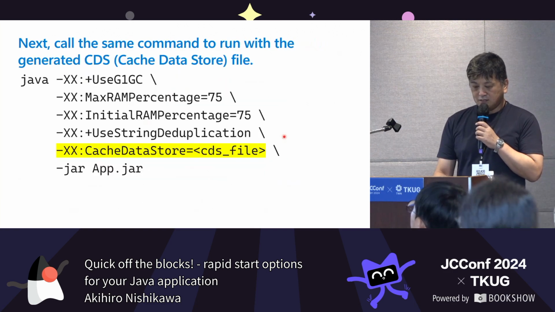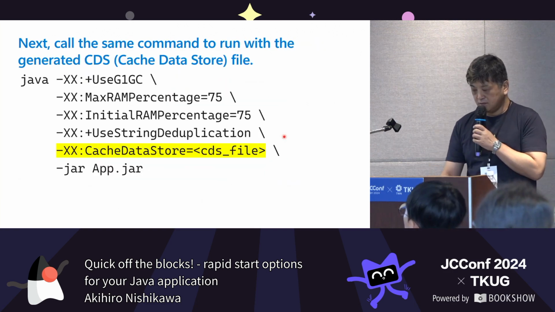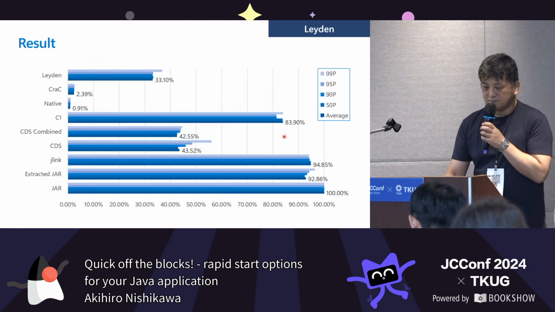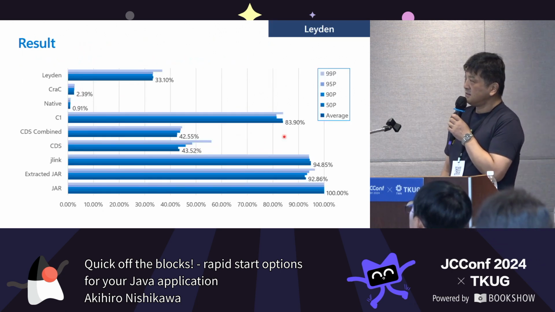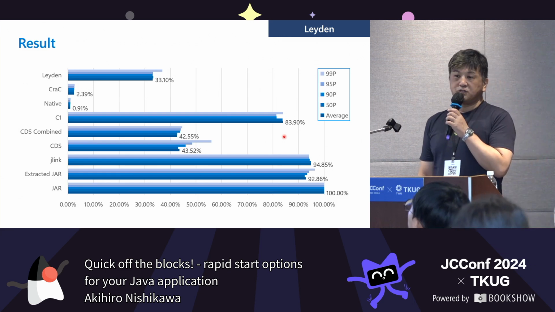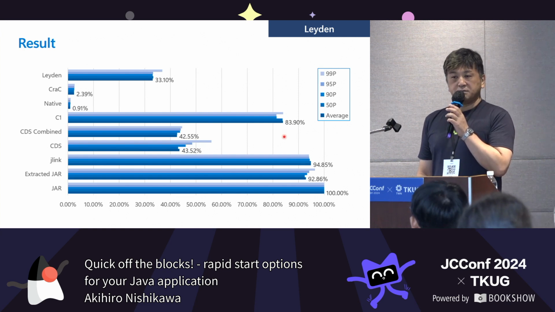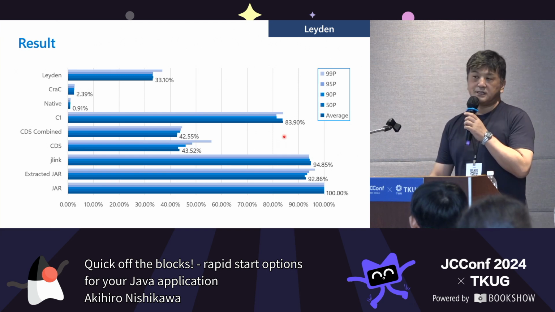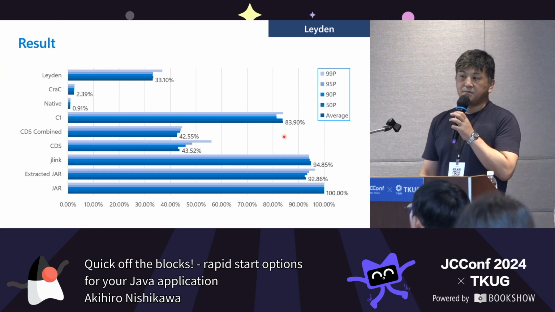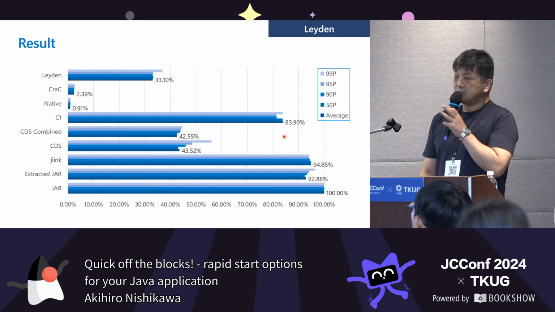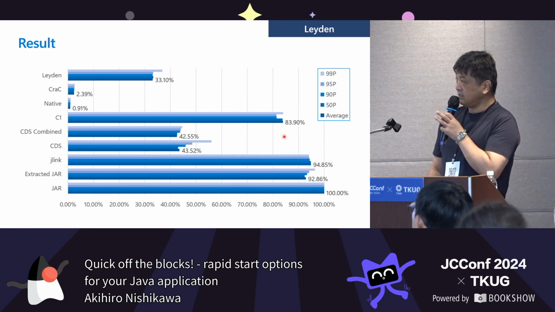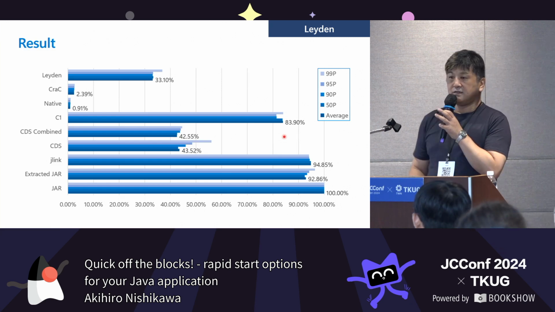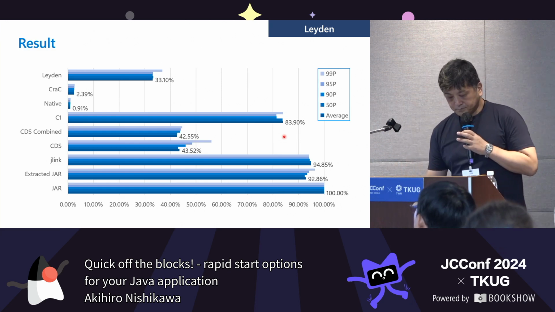Now, let me share the results of this benchmark. This is the pre-main phase. Leyden is now at the pre-main phase, so this is not optimized, but as of now it is quite faster than the base performance when measured with executable jar files.